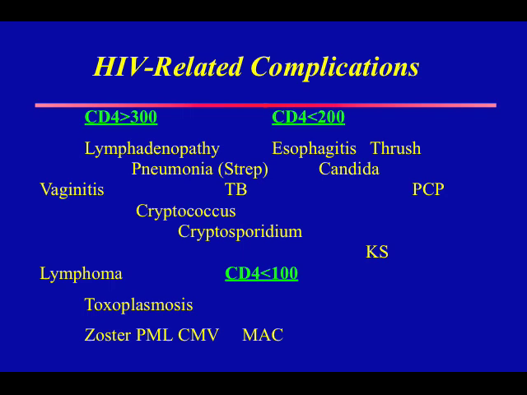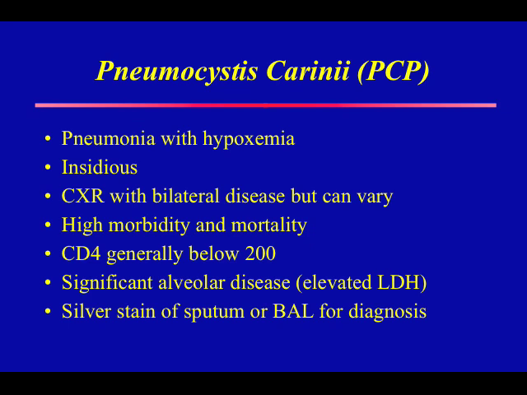And with CD4 counts less than 100, that's when we usually look for lymphomas, toxoplasmosis, zoster, PML, CMV, and MAC. So I want to go system by system through the pulmonary system, nervous system, and GI system and discuss all of those diseases in order, just to give you a baseline for you to build on in the future.